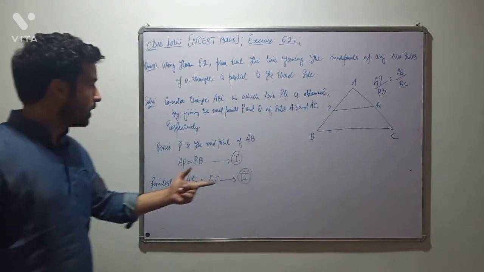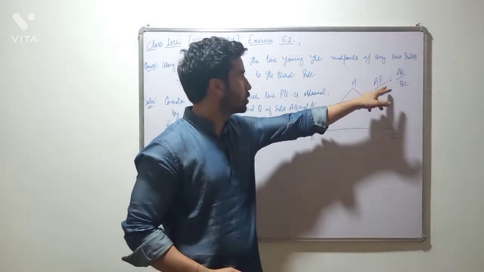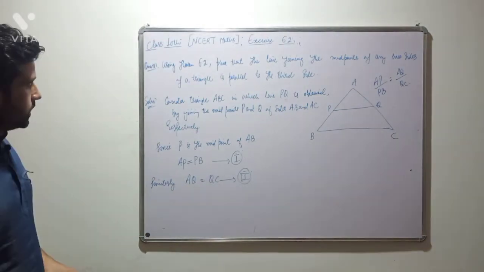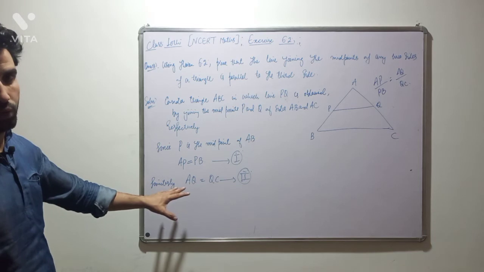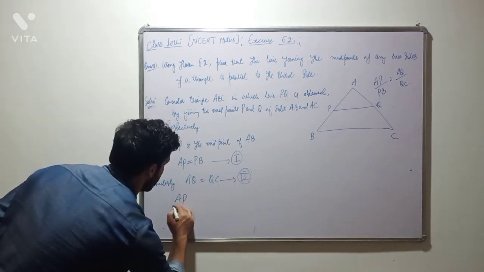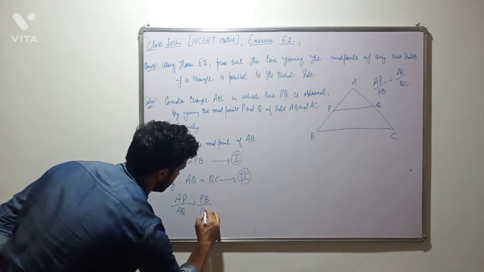ठीक है yes? तो देखिए मुझे चाहिए AP by PB, this should be equal to AQ by QC. तो वो आपको कैसे मिलेगा, देखिए ये जो मेरे पास इक्वेशन फर्स्ट एंड सेकंड है, I will divide them and I will get AP divided by AQ is equal to PB divided by QC.